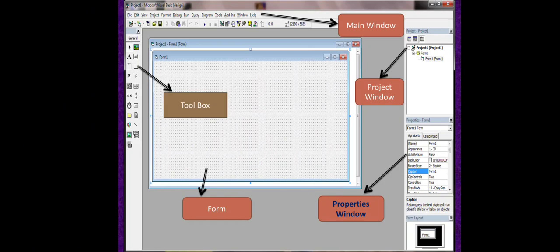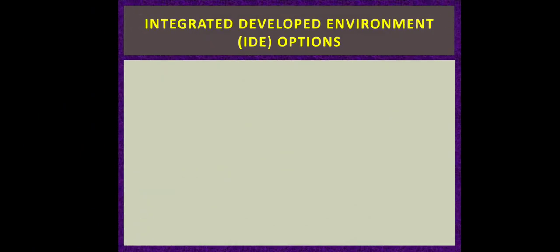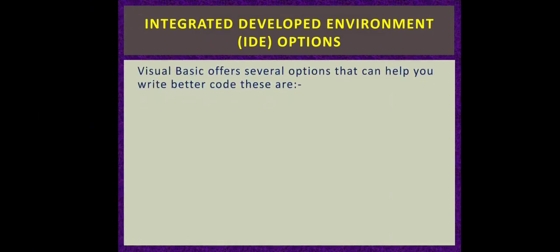So this is the IDE with different features, and all those features help us to design, to create, and to execute the program in Visual Basic. Now, what are the different options of IDE? First, in IDE we have a lot of inbuilt functions.